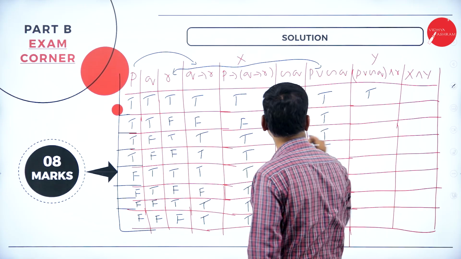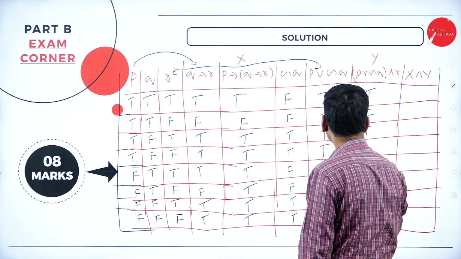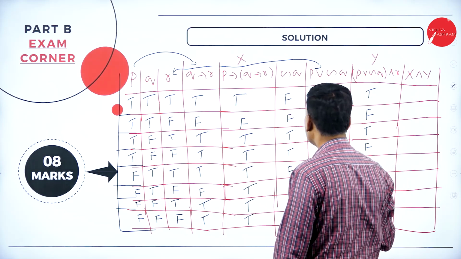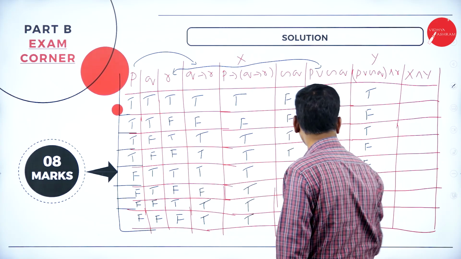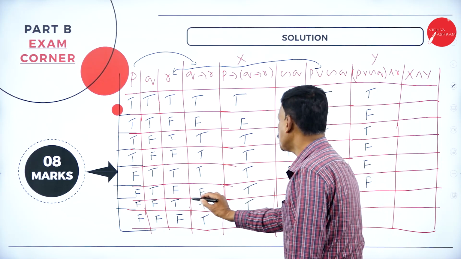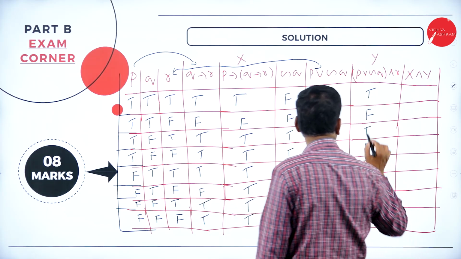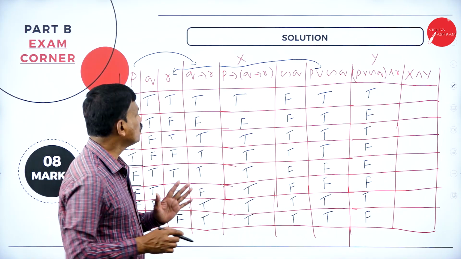Again, true and false is false. Again, true and true is true. Again, true and false is false. Again, false and true is also false. Again, false and false is also false. Again, true and true is true. Again, true and false is false. So, this is Y. Now, what to write in the final step?